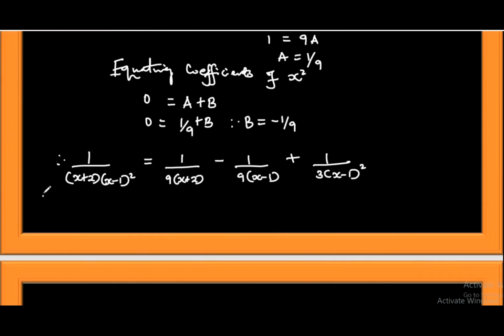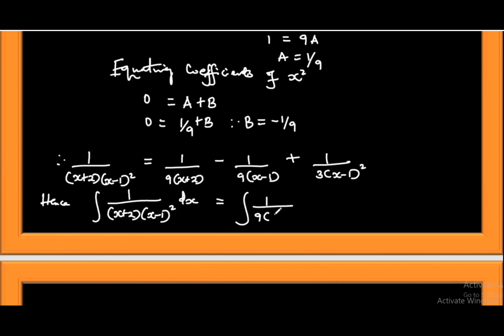So you can now say the hence part. The integral of 1 out of (x plus 2) into brackets (x minus 1) squared with respect to x is as good as integrating each of these fractions independently.